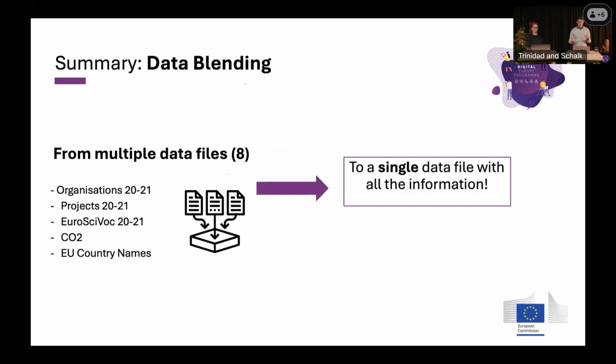Okay, let's summarize this. We've now spoken about data blending and what the essential goal was for our use case. Why was it important again? Well, in Zoe's case, she had multiple files. She had 8 data files actually: 2 for organizations, 2 for projects, 2 for Euroscience because of period 1 and 2, and then CO2 data, and then data from the EU countries.